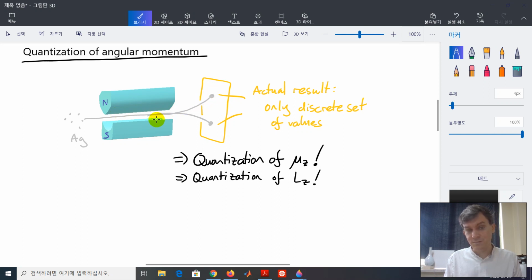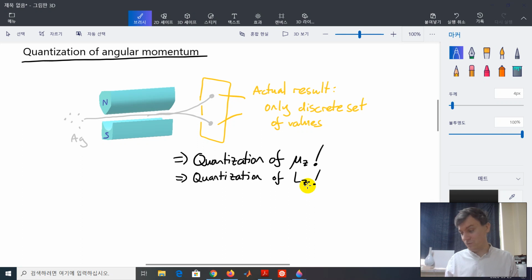Half of them move up in the z direction, half of them move down, and we saw that this was a measure of the z component of their magnetic moment, and we also saw that the z component of the magnetic moment is just proportional to the z component of the angular momentum.